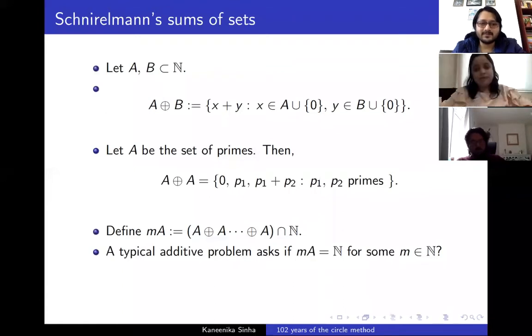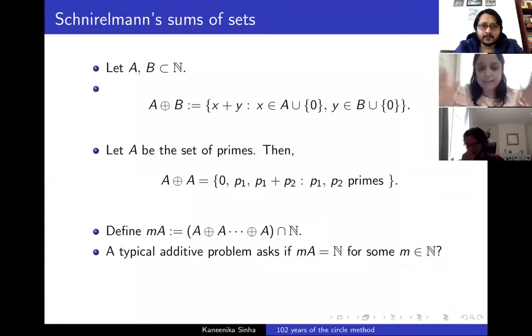Okay, so like I said, there's a very short way of expressing a problem, which in English takes a lot of words and sentences: is m times A equal to the natural numbers for some fixed natural number m.